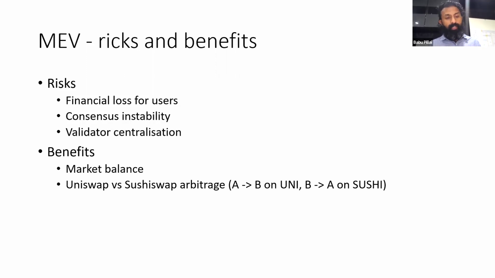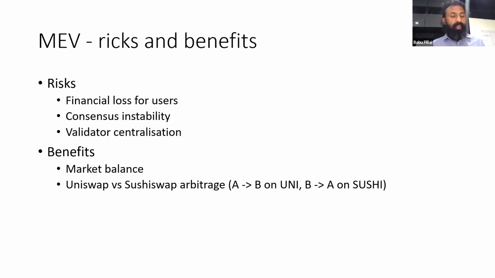Now the benefit part of it is, this kind of trade happens in many networks, and each network has its own way of making the market value. So if in one network the token pool amount is less, then the value of that token is high, and in some other network, there may be a lot of tokens in the pool, so the value is less.